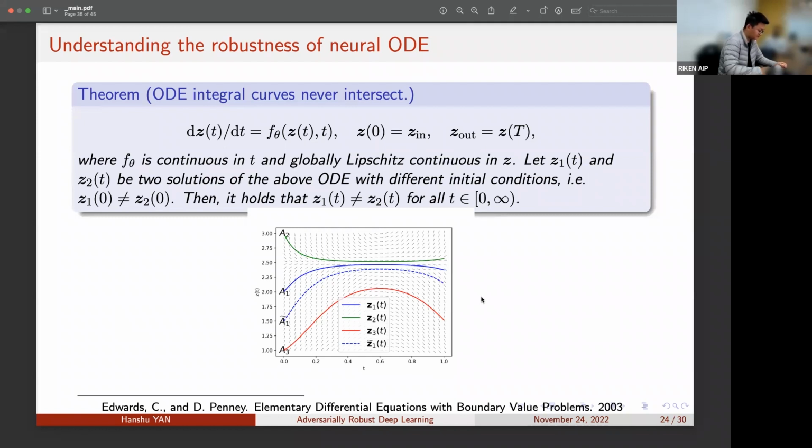So tilde A is the perturbation of A. Then in this picture, we know that the difference between the output of tilde A and A1 is always bounded by either the difference between green and blue or between blue and red. So it will not arbitrarily jump to some value very far away from the blue one. It means that the output under perturbation is bounded at a certain level.